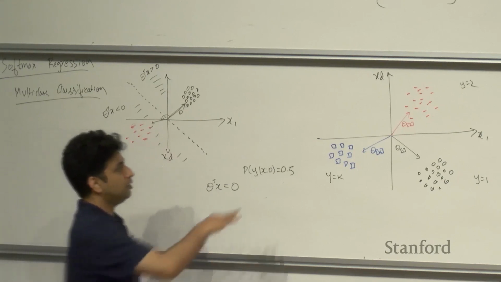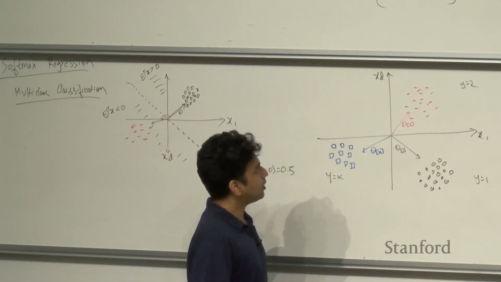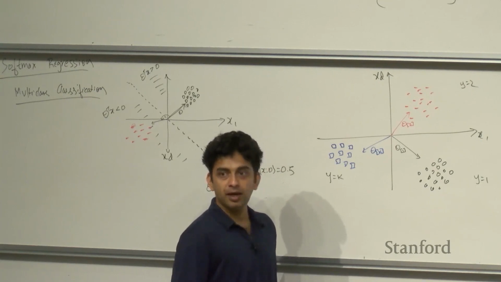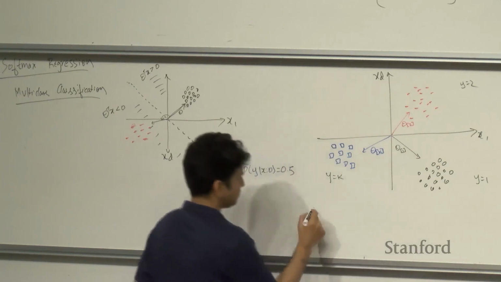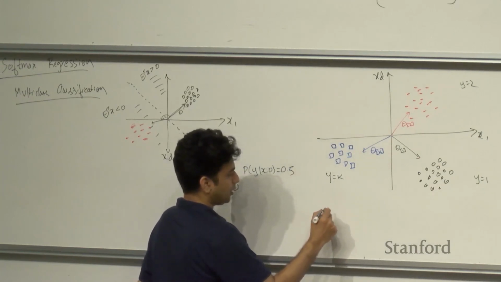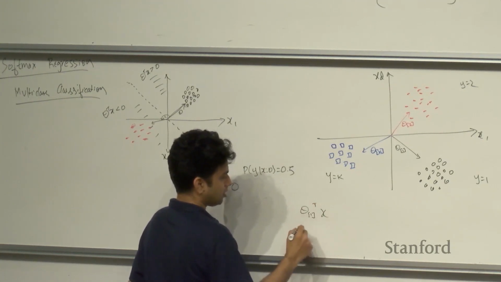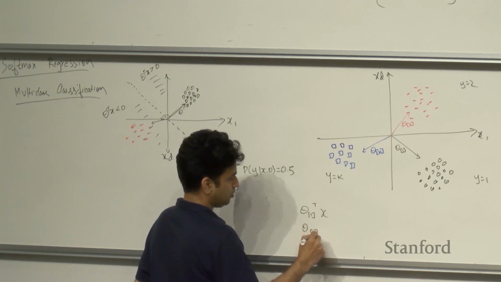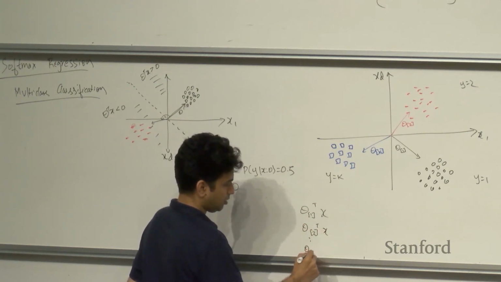But now we have multiple theta vectors, and the way we're going to classify something as belonging to one class is to take that input vector x, calculate theta 1 transpose x, calculate theta 2 transpose x, and so on until theta k transpose x.